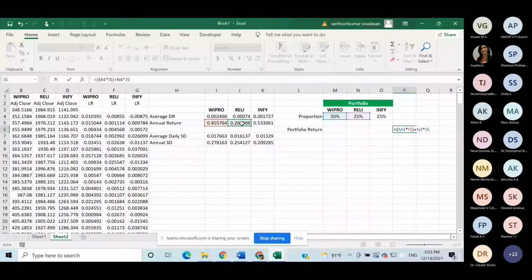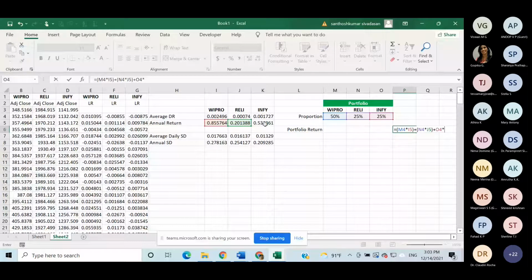This can also be in bracket. So simple. It is just multiply. Plus this one into this one.